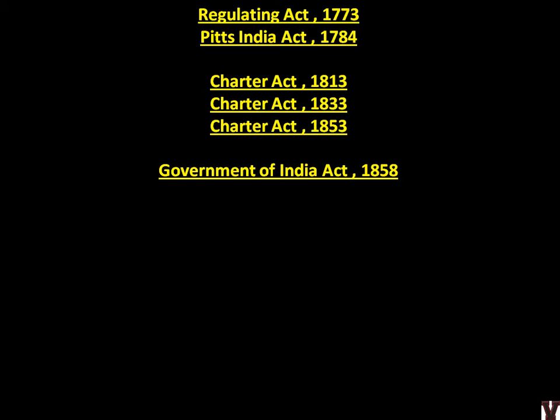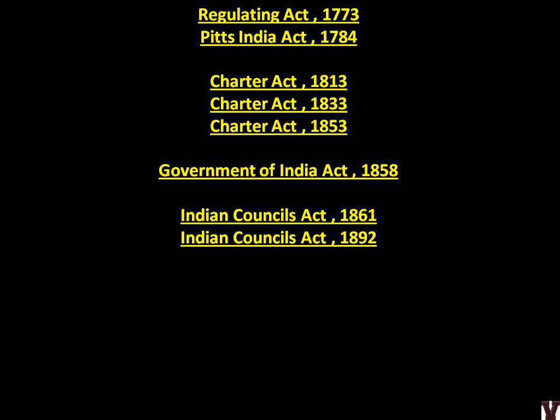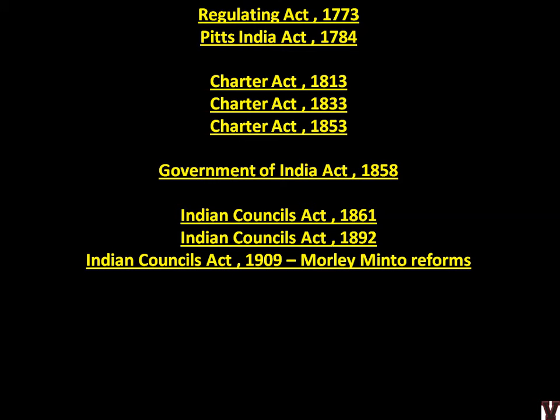Then we will have the Government of India Act 1858, where the Crown will directly take over the territories in India and the East India Company will be abolished. So these are the initial acts. After the Government of India Act, we will have three Council Acts, 1861, 1892 and 1909, and this one is called the Morley-Minto reforms, which is very famous for the separate electorates for Muslims.